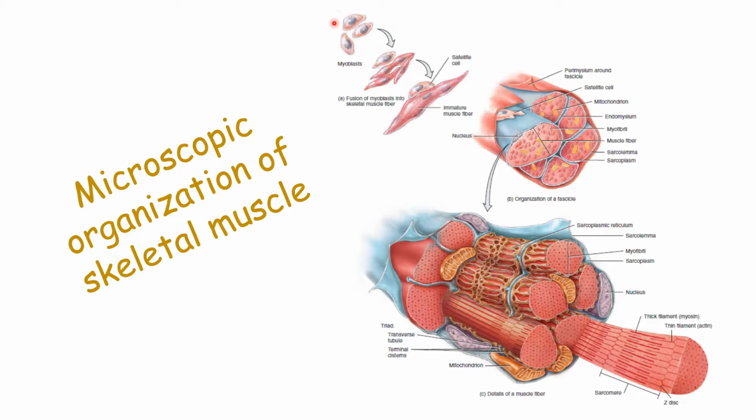The typical length of a mature skeletal muscle fiber is about 10 centimeters, although some are as long as 30 centimeters, because each skeletal muscle fiber arises during embryonic development from the fusion of 100 or more mesodermal cells called myoblasts.